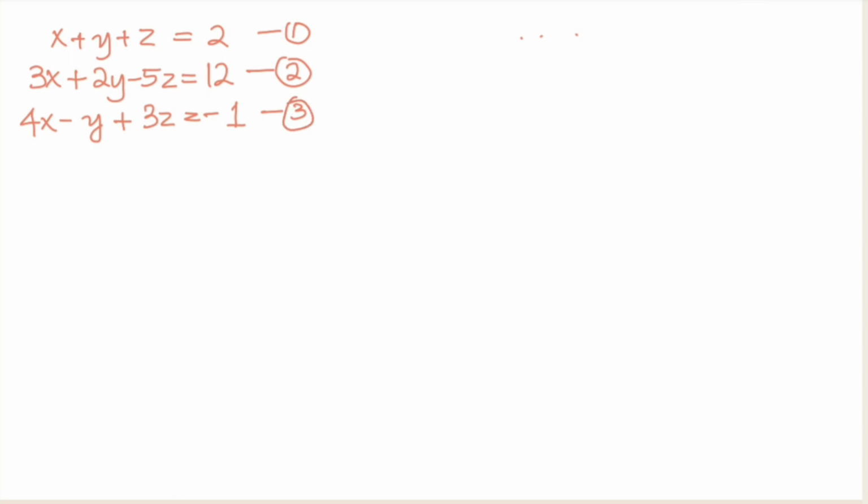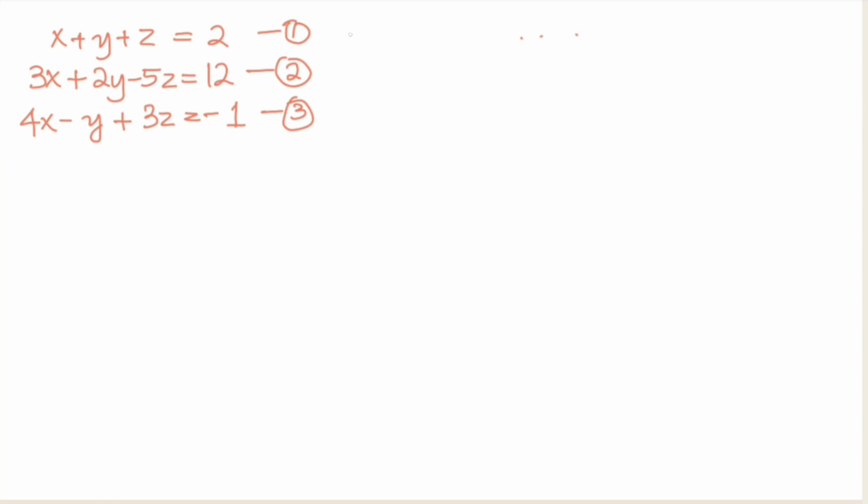And we want to use the same idea we used previously, that is elimination. We want to first eliminate x, and then later we're going to try to eliminate y, and then eventually we're going to get a solution for the system. So how do we eliminate x? Fortunately, the coefficient of x in equation 1 is 1.